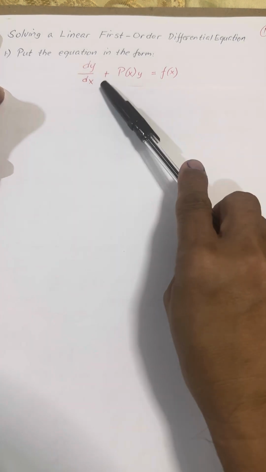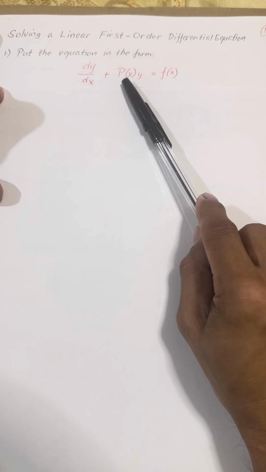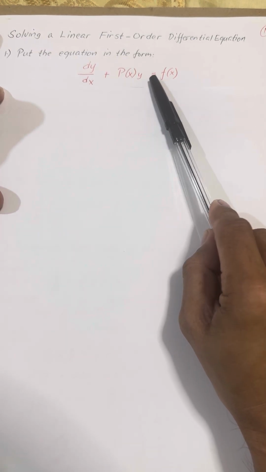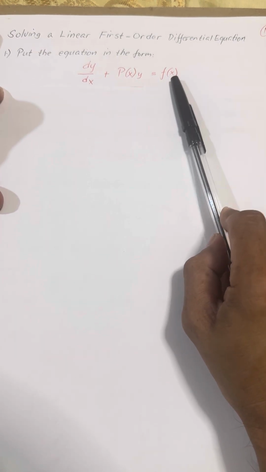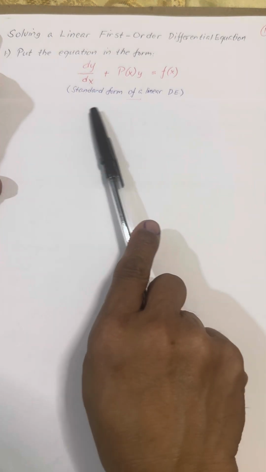First, we have to put the equation in a standard form. The standard form of a linear first order differential equation looks like this: derivative of y with respect to x plus a function of x times y equals another function of x.